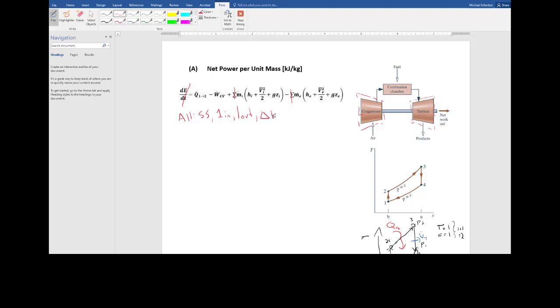We're going to neglect kinetic energy changes and potential energy changes. And for the turbine and the compressor, we're going to say that they're adiabatic. Once we get to the combustor, which we're going to need for the thermal efficiency, we're going to say that W dot is equal to 0.